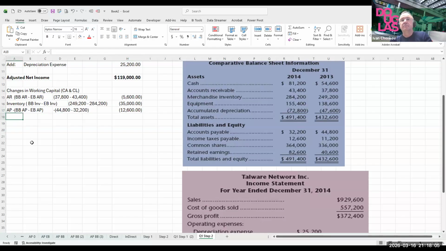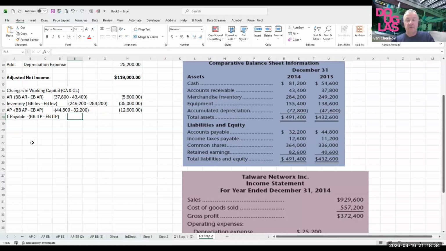Next item, income tax payable, current or non-current? Current, let's go. Income tax payable. What is it going to be? Again, don't forget the minus in front of the bracket. Minus, bracket, beginning balance income tax payable minus ending balance income tax payable. Close the bracket.